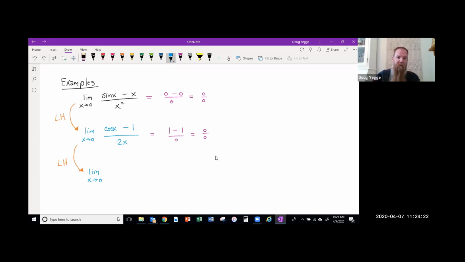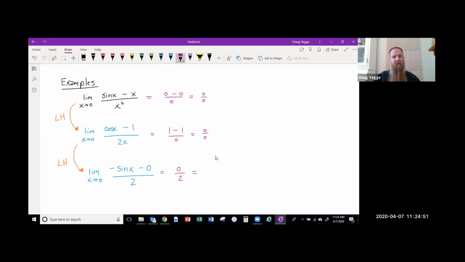Okay, so let's take the derivative again. The derivative of cosine x is negative sine x. The derivative of -1 is 0. And the derivative of 2x is 2. Well, now let's plug it in. We end up getting on top 0 over 2.